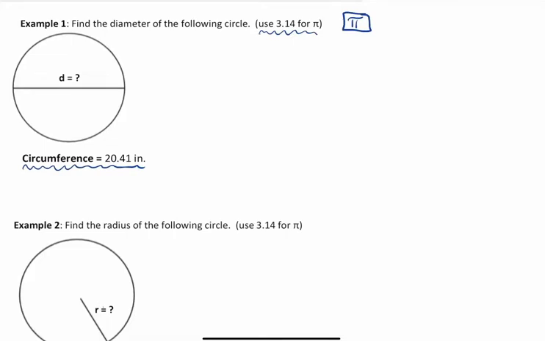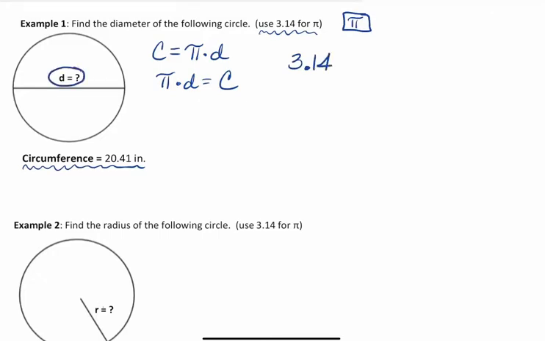What we're going to do is start off with the circumference formula. Circumference equals pi times diameter. You can also write it like this: pi times diameter equals circumference. It really doesn't matter the order in which you write it. In this case, we know that 3.14 is pi, so I'm going to write 3.14.